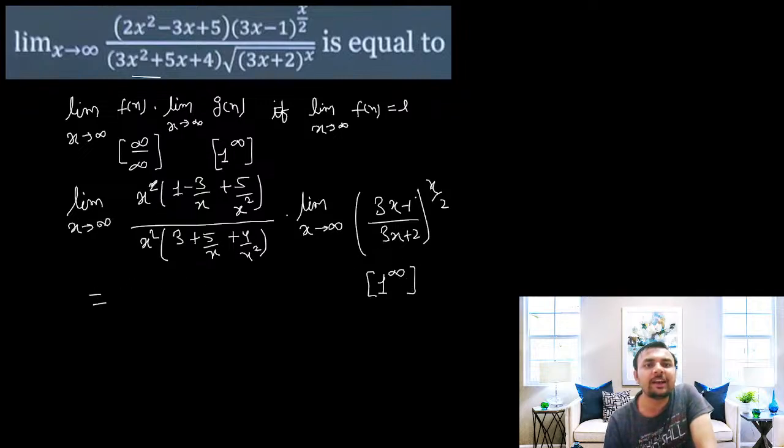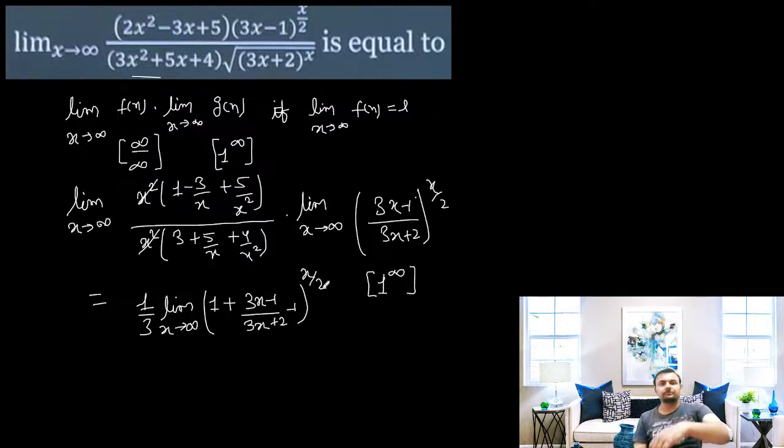So here when x is infinity, this is 0, this is 0, it is nothing but 1 by 3 we got from here. Now we have limit x tending to infinity, we will add 1 and subtract 1. This is x by 2.